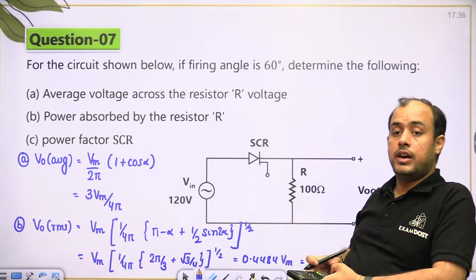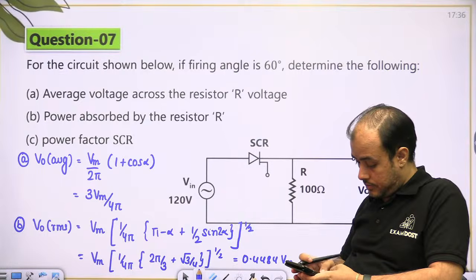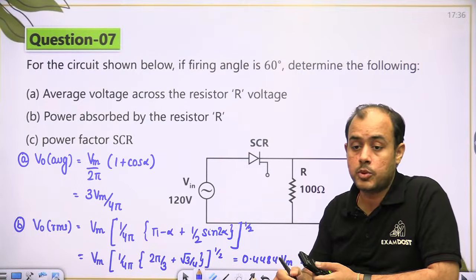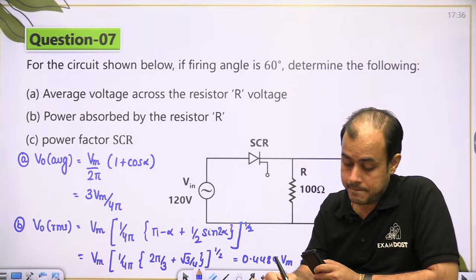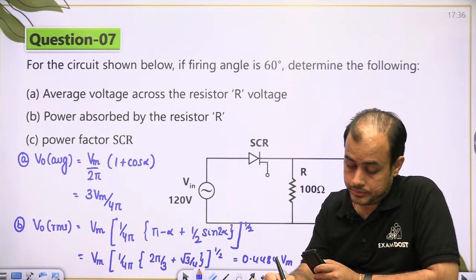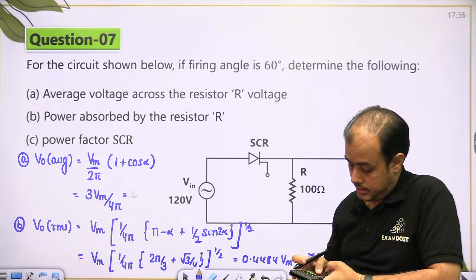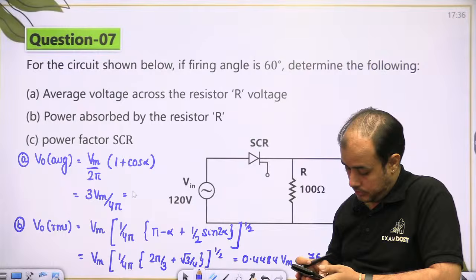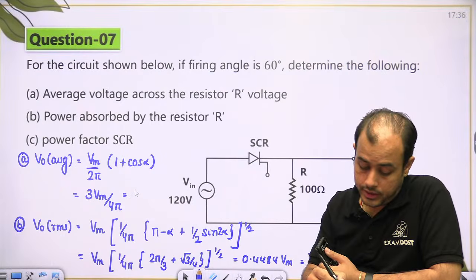So Vn is 120 volt. 76.1. What is this? 40.5.